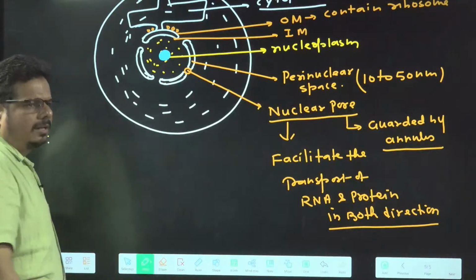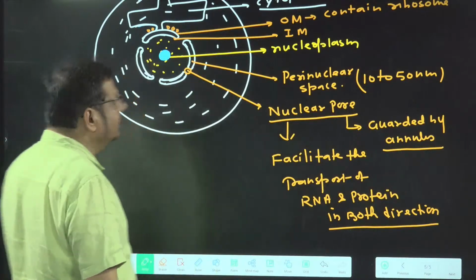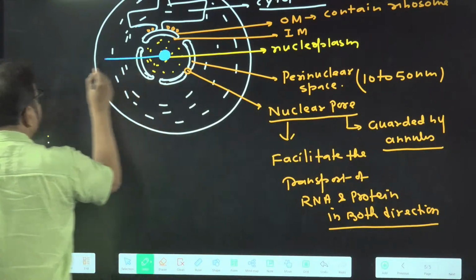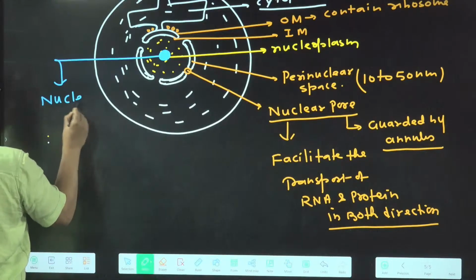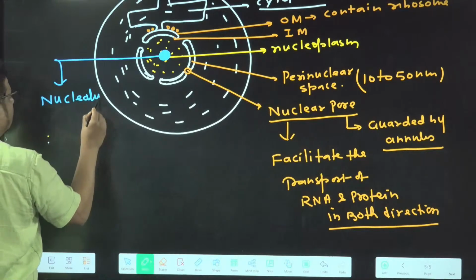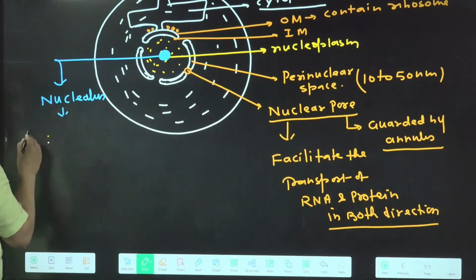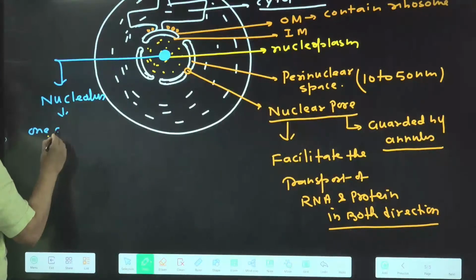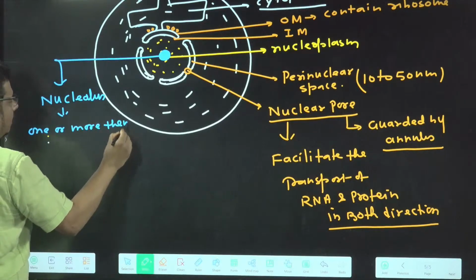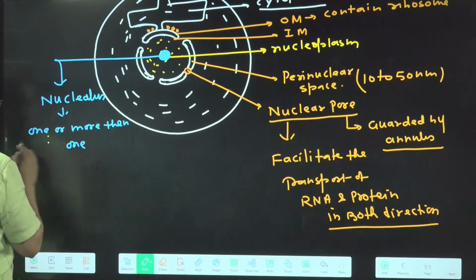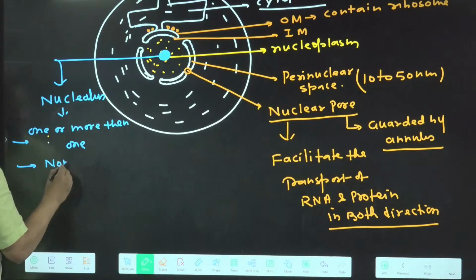Okay, anyhow, now in the nucleoplasm, what we are finding is a dense material present here. Its number is maybe one or more than one. And this structure is called the nucleolus. So its number is not one only, it may be one or more than one. And it is a non-membranous structure.